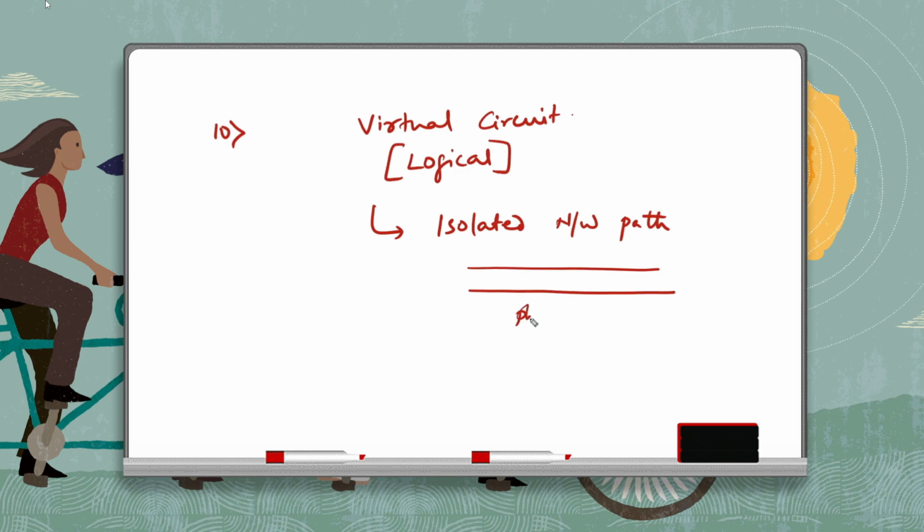So if this is our physical network, think of this like a logical or virtual circuit. So it's basically an isolated network path. And the virtual circuit comes in two flavors: private virtual circuit and public virtual circuit.